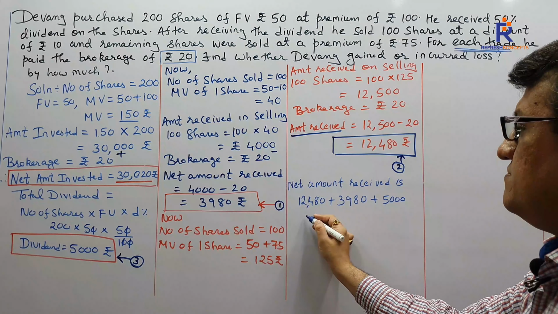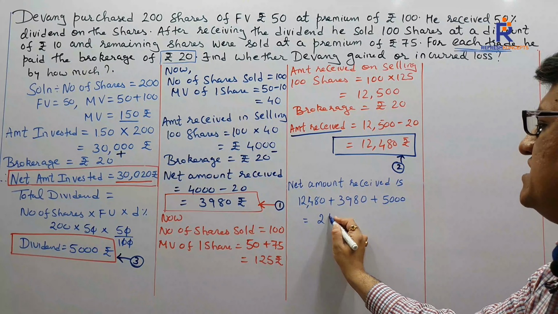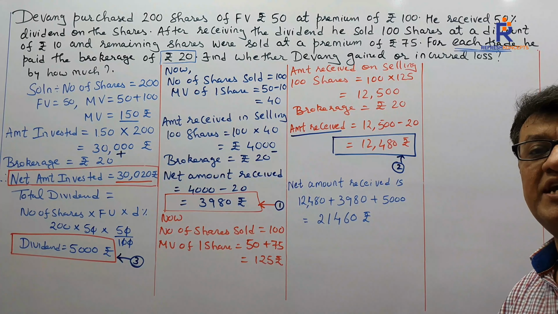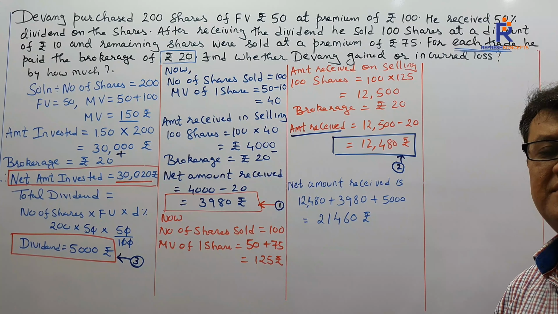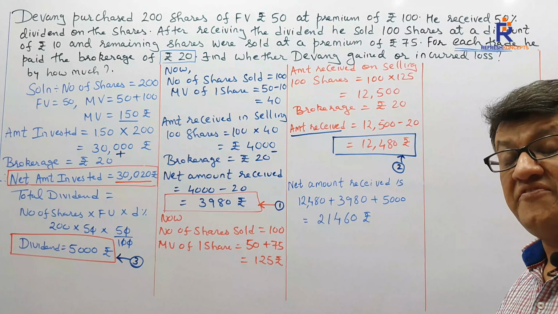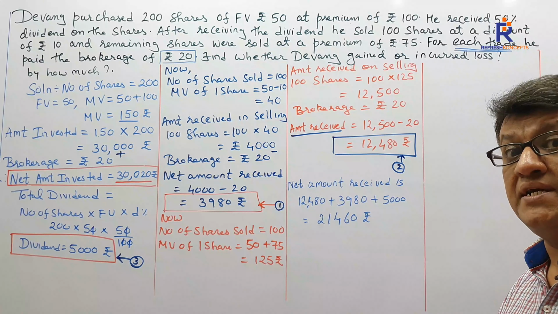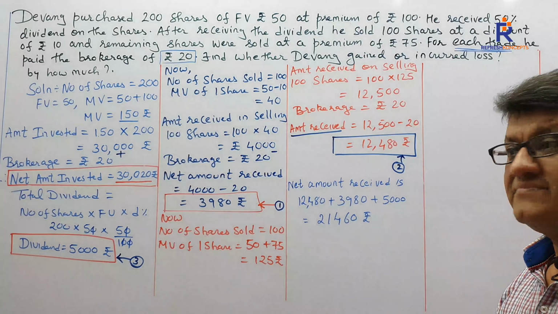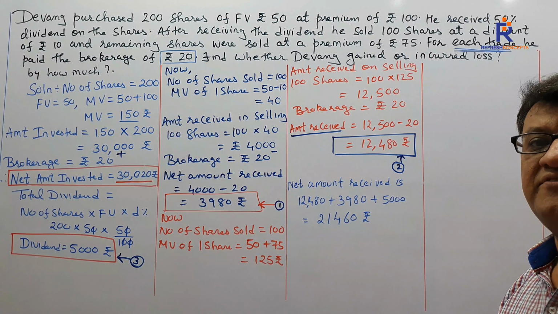When you sum it up, you get total as 21,460 rupees. So after all the transactions, first selling of 100 at a discount, then selling of 100 at a premium, also received a dividend of 50%, he got 21,460.